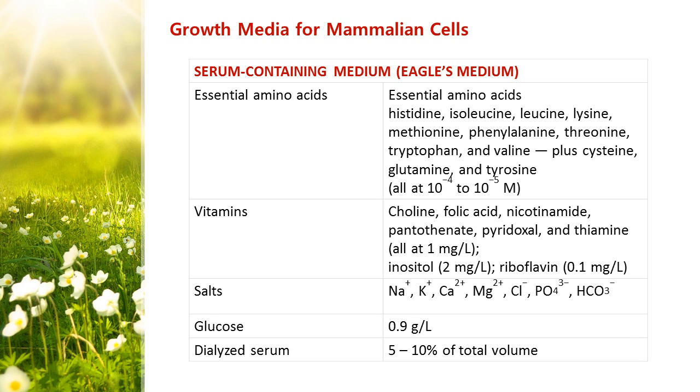And the major salts present in this Eagle's media are sodium, potassium, calcium, magnesium, chloride, phosphate, and bicarbonate ions. It includes glucose and dialyzed serum. So this is an example of serum containing media to promote the growth of animal cells.